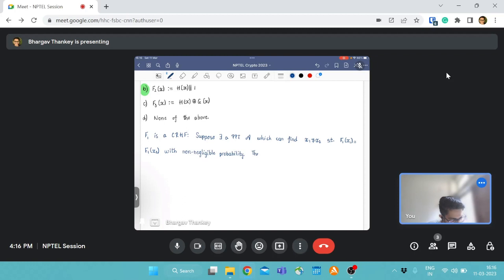Then, what is f1 of x1? It is just h of x1 concatenated with g of x1, and f1 of x2 is h of x2 concatenated with g of x2, which implies h of x1 is equal to h of x2 and g of x1 is equal to g of x2.